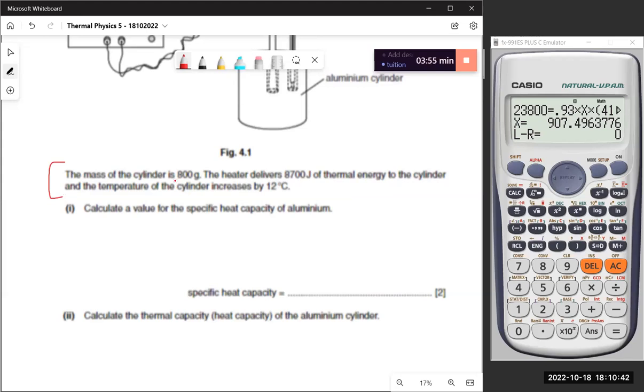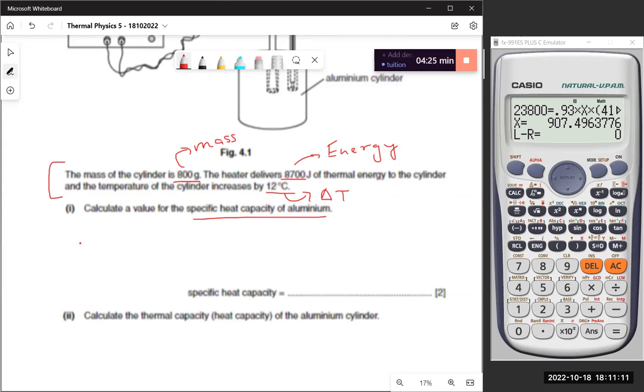The mass of the cylinder is 800 grams. The heater delivers 8,700 joules of thermal energy to the cylinder, and the temperature of the cylinder increases by 12 degrees Celsius. Calculate the value of the specific heat capacity. Now tell me the formula.